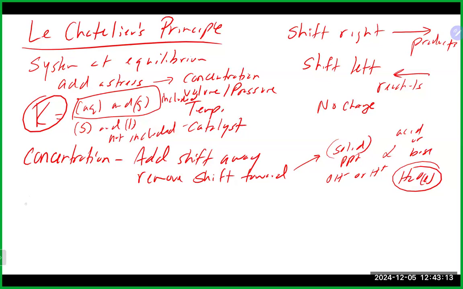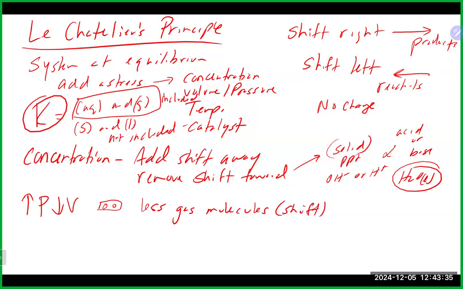When we talk about pressure and volume, they are sort of tied together. So if you increase the pressure, you're going to lower the volume. So the result of that is pressure goes up. You kind of want to bring it back down. So you have a much smaller volume, which means you need fewer gas molecules. So it will shift to whichever side has the least number of gas molecules.